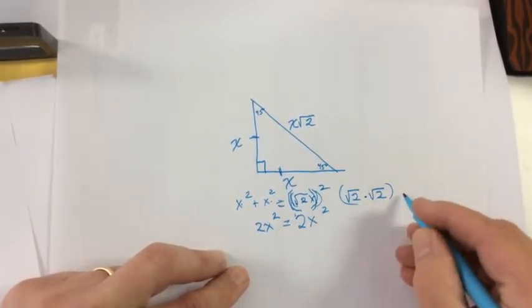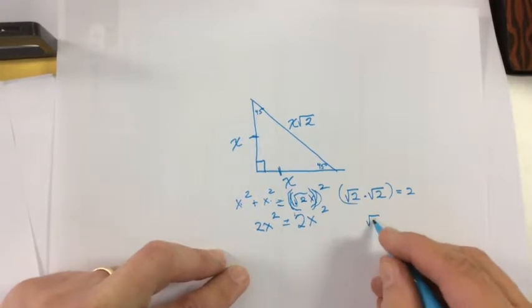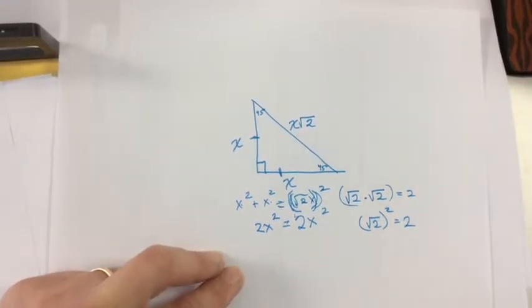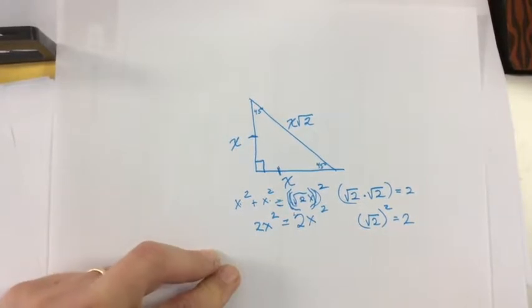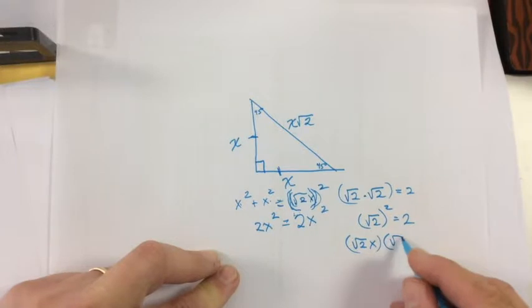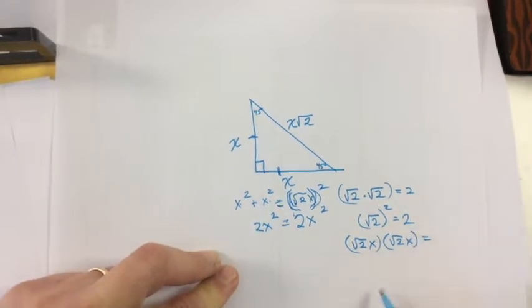And squaring it is the same as multiplying it by itself. So if you have the square root of 2 times x times the square root of 2 times x, that's going to give you square root of 2, square root of 2, x, x, and that's 2x squared.